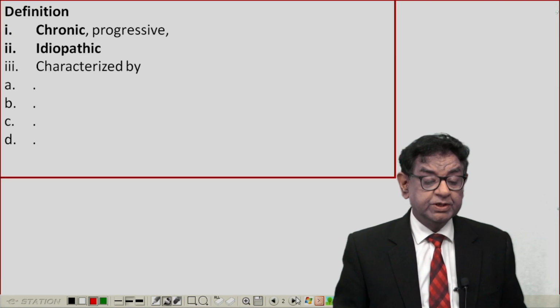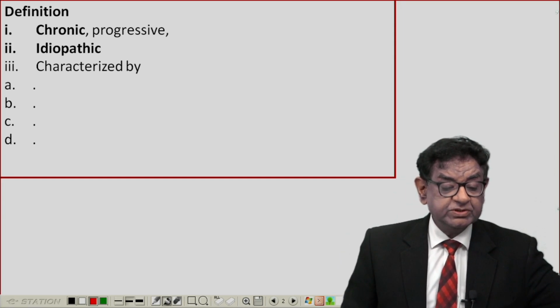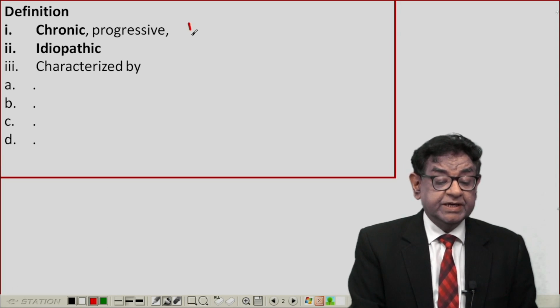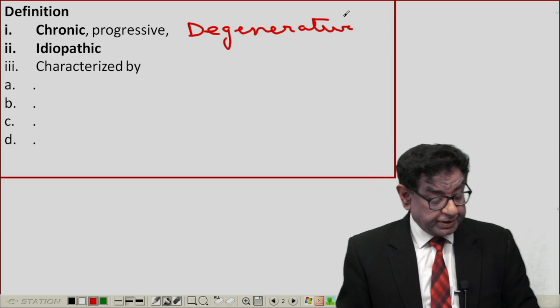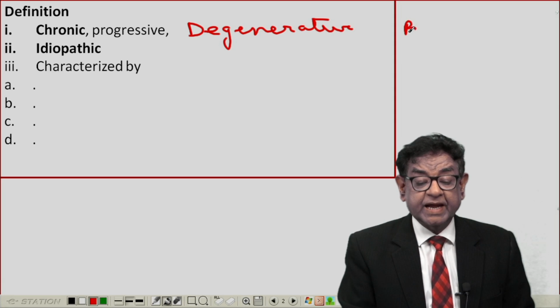Parkinsonism. First, we learn the definition of Parkinson. First of all, it's a chronic, progressive, degenerative disorder, and it mainly involves the basal ganglia.